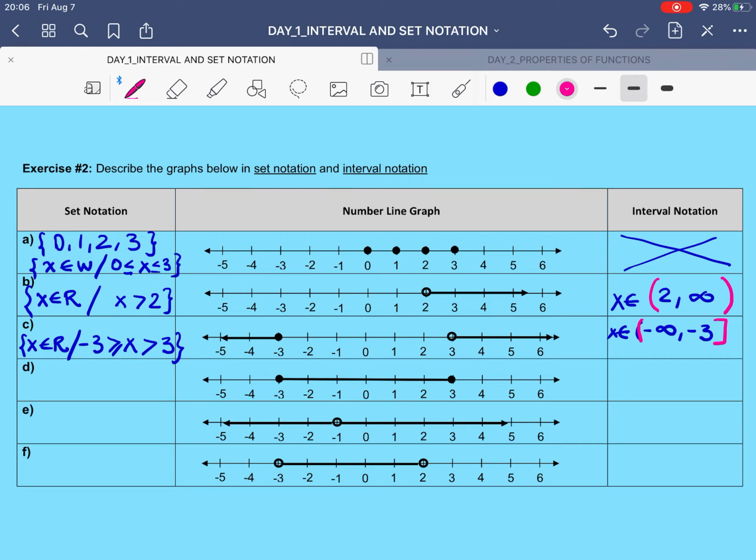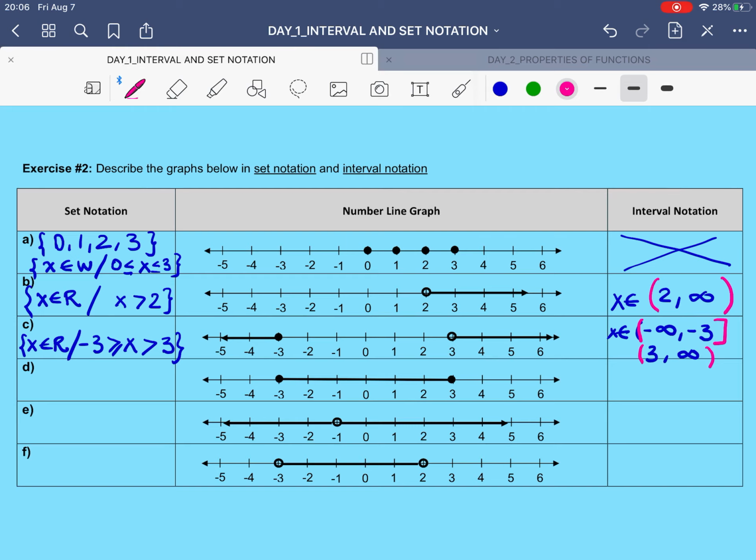And then we also have another interval we need to include here, which starts at 3 and continues to infinity. Now, the number 3, as indicated here by an empty dot, is not included in the interval, so round brackets, and infinity always has round brackets as well.